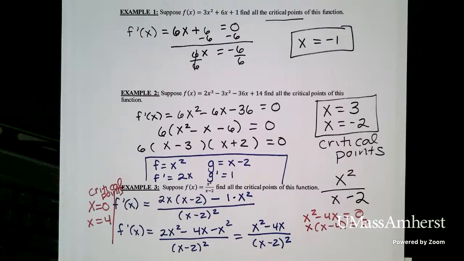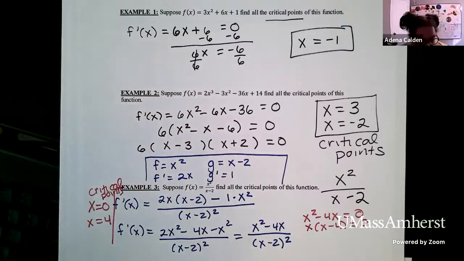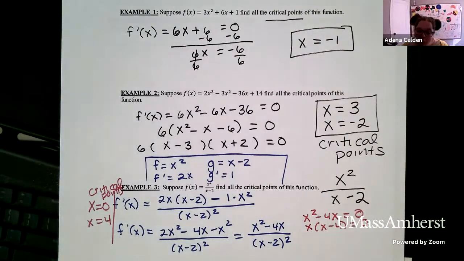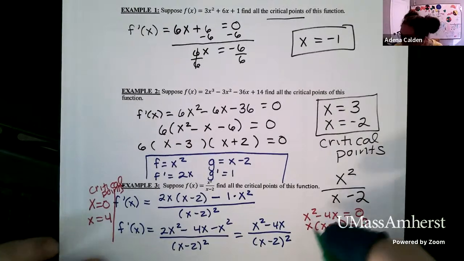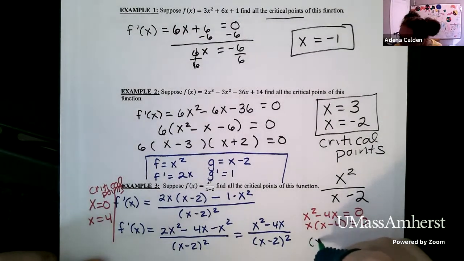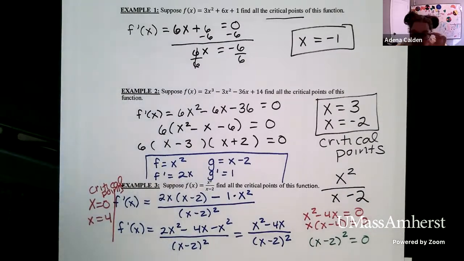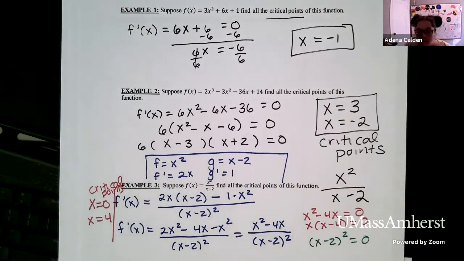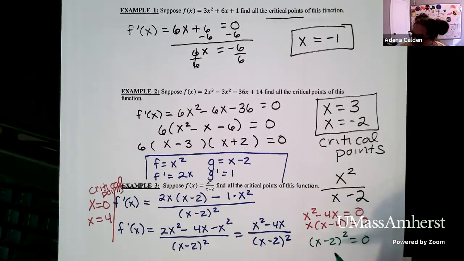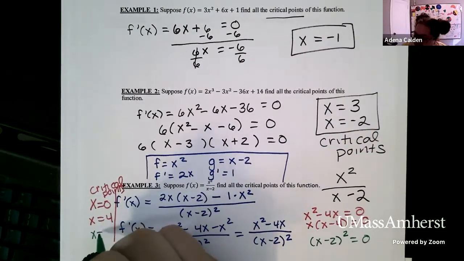We also know that we have critical points when the function is undefined. So here, I need to check if there's a way that the denominator could ever equal 0. I set up (x minus 2) squared equals 0. If the denominator equals 0, then the function is undefined, and that happens when x equals 2.